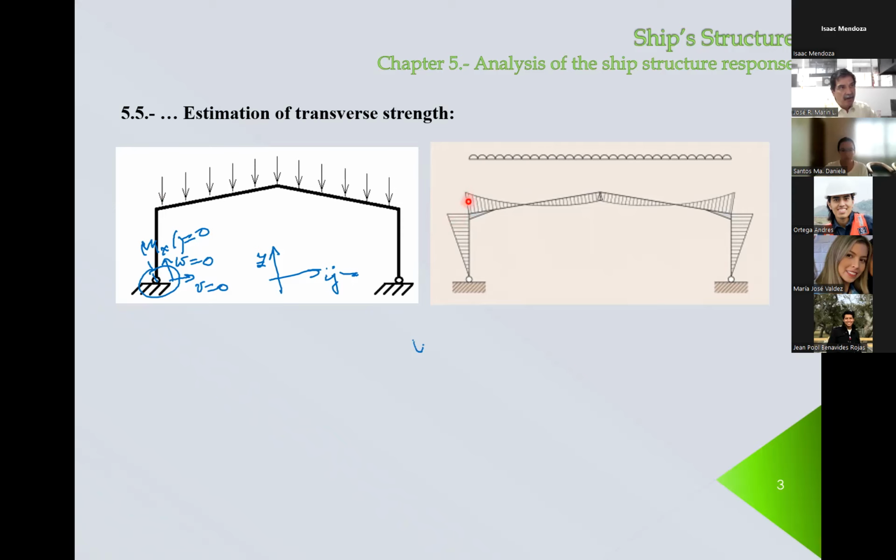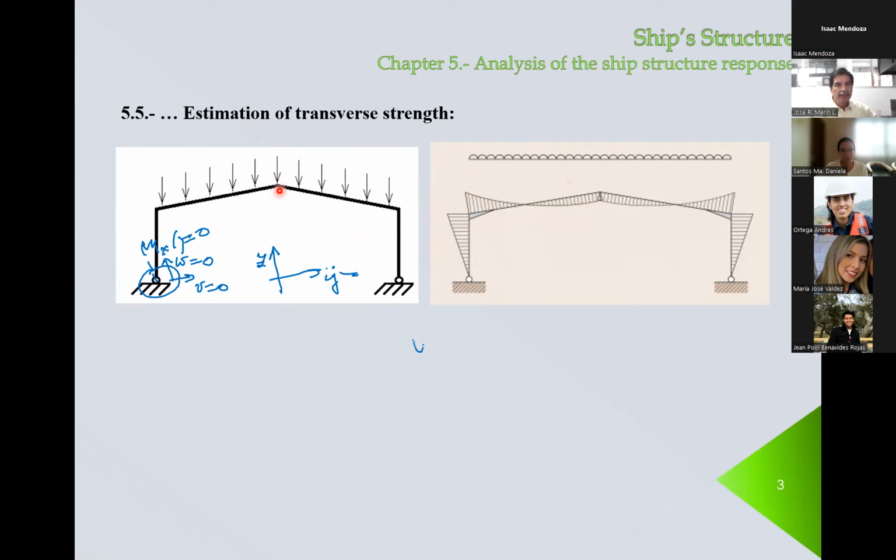Now, after knowing this value of the bending moment, it's like considering this as a beam. But in this beam, you have uniform loading. So in this case, you integrate twice to get the bending moment, and so you have a quadratic variation.